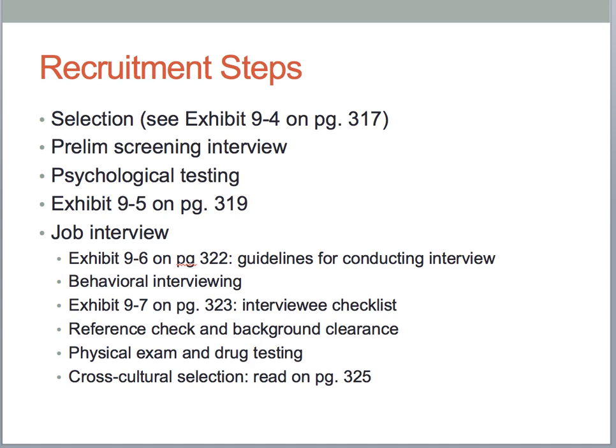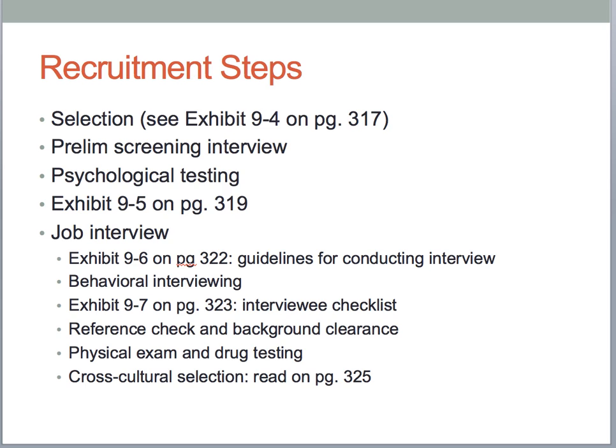You need to make sure that people are physically capable of performing the jobs they need to do and the duties and the tasks. And drug testing, especially if you know that the job is highly stressful, or if there's going to be any access to money or to any kind of monetary instruments, including stocks, things of that nature.